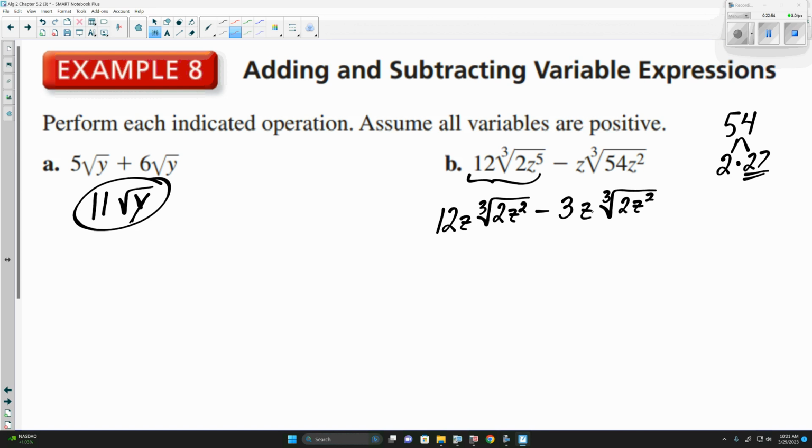Now, one thing we do need to make sure, especially with this here, is that our terms are all the same. Well, we do have the cubed root of 2z squared in both, yes? Now, they both also have to have a z in front. So the cubed root of 27, we don't have to put it.